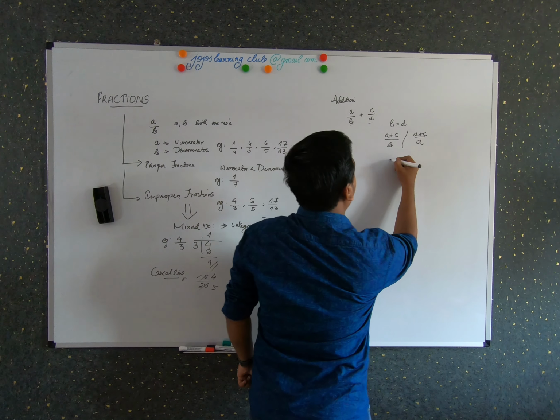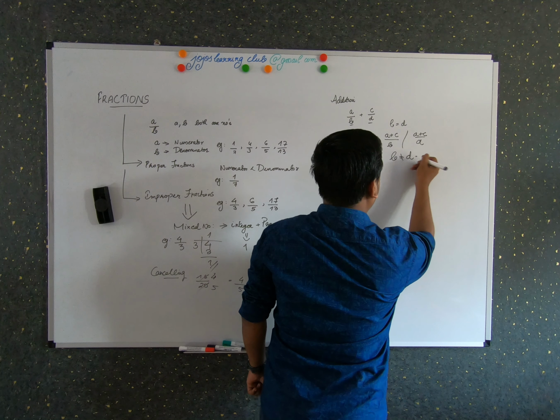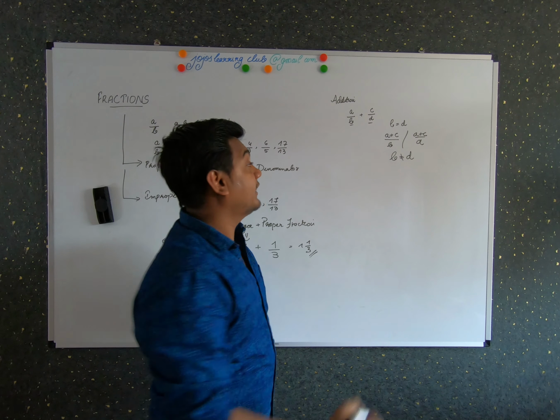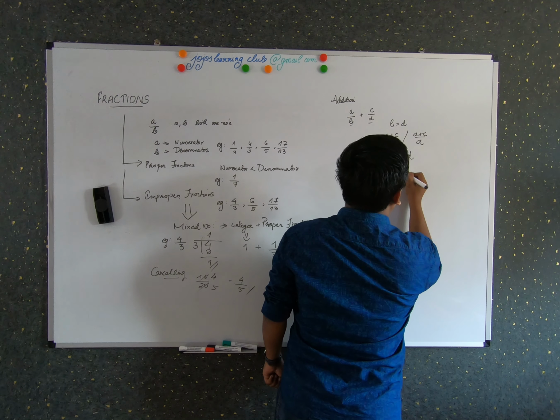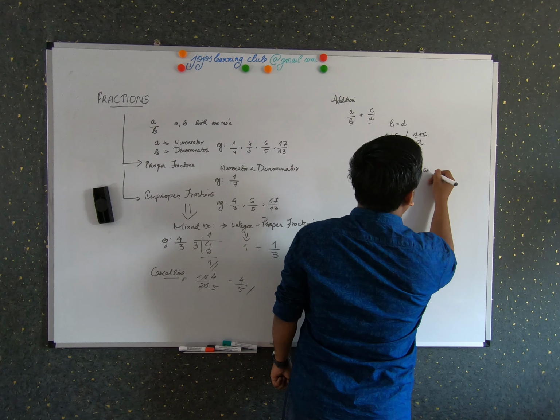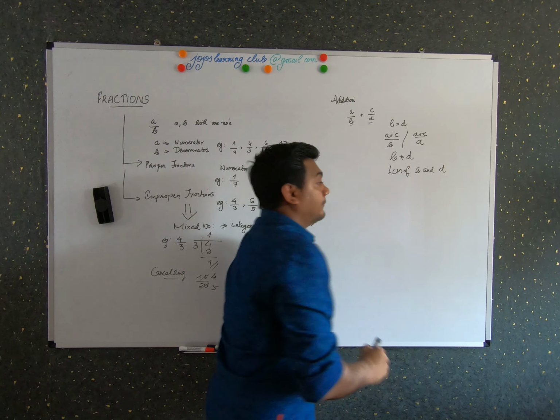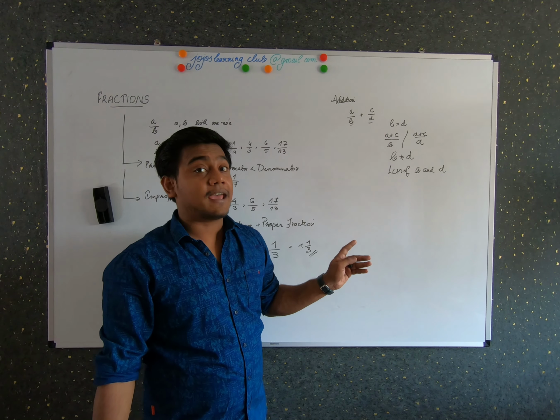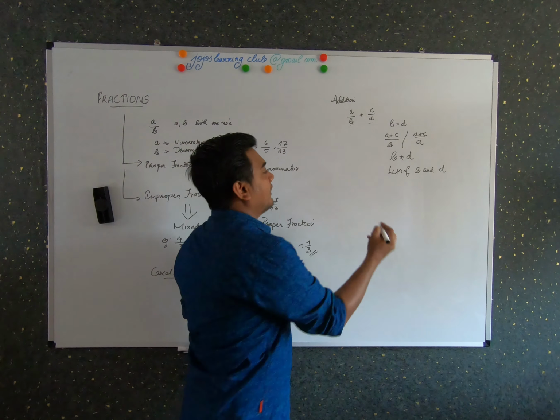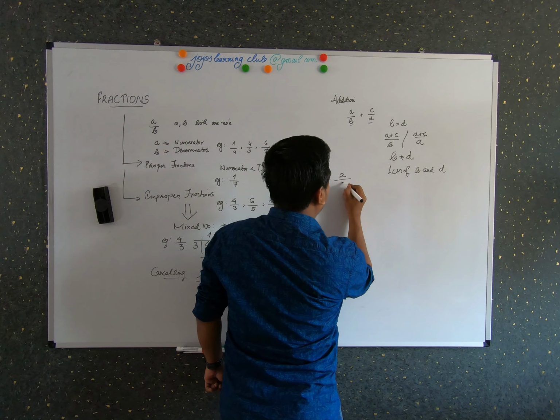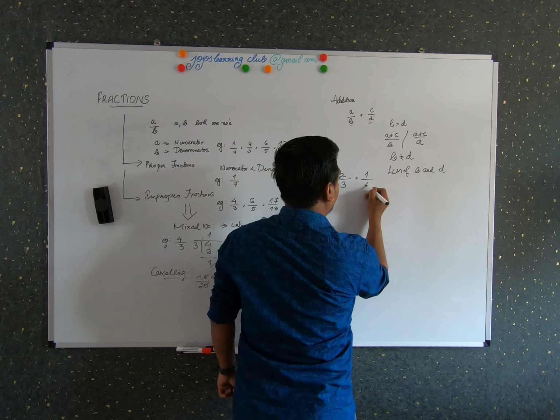But if the values are not same, then you have to take the LCM of b and d. So the next step I would explain with an example. Let's take the example 2 by 3 plus 1 by 4.